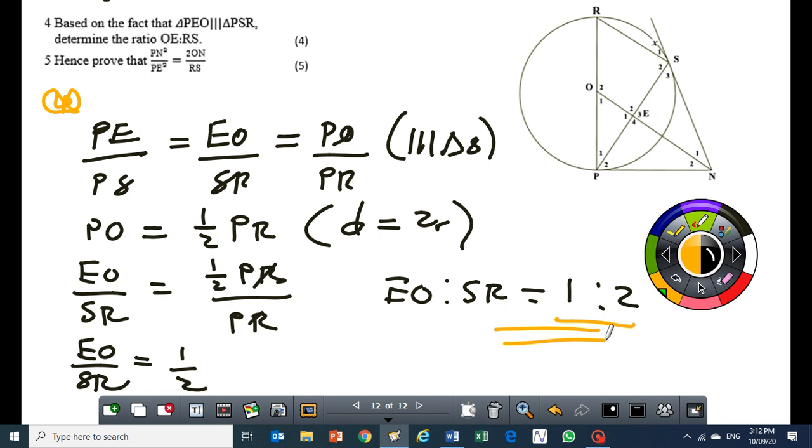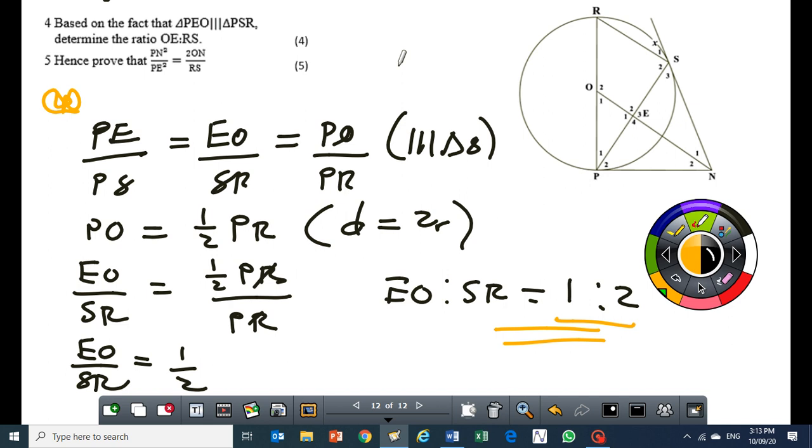Then the next question. If you go back to the original question, you need to know what is PN squared over PE squared. Now it looks scary because of the way it's written, but it's so easy. In actual fact, this number 5 here is probably one of the easiest in this whole question. I'm serious. It looks scary because of the way it's written, but it's not that difficult.